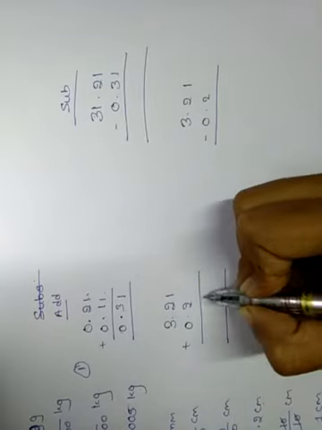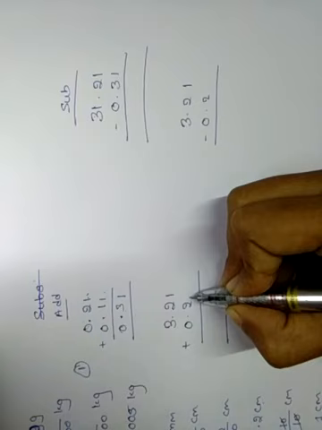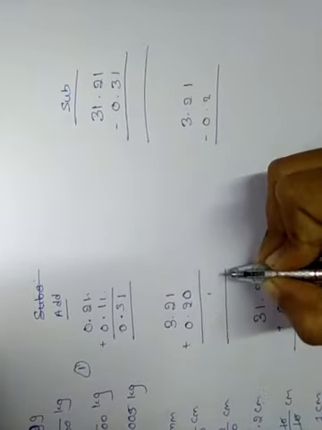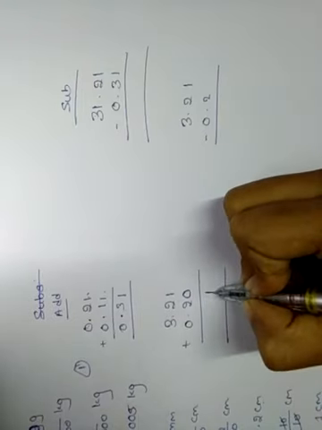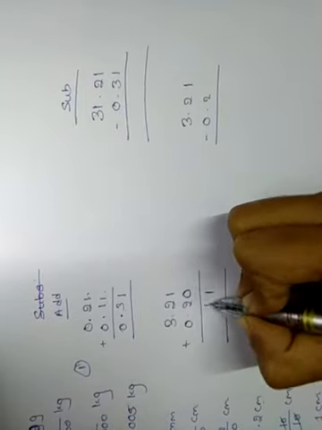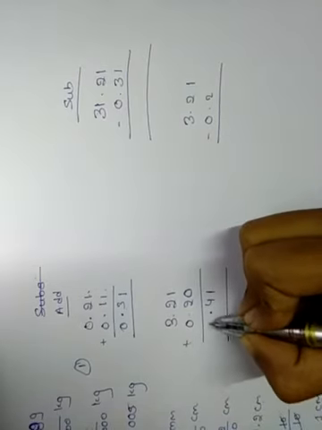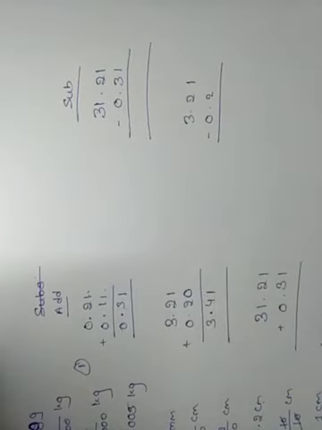Then here you can observe there is no digit present after 2 to add it, right? We can add like this also. 1 will come down here. If there is no number, we can add it directly, or we can take a 0 at that empty place. Then 1 plus 0 is 1, 2 plus 2, 4, immediately the decimal point. Then 3 plus 0 is 3. Thus 3.41.